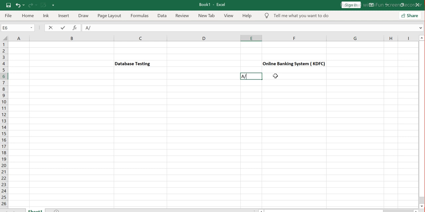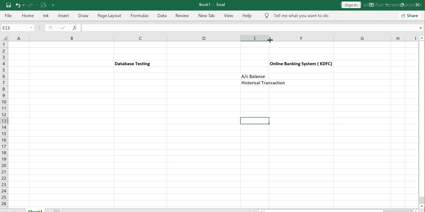You can see the account balance, and you can also see the historical transactions. How long? Maybe for 3 months.